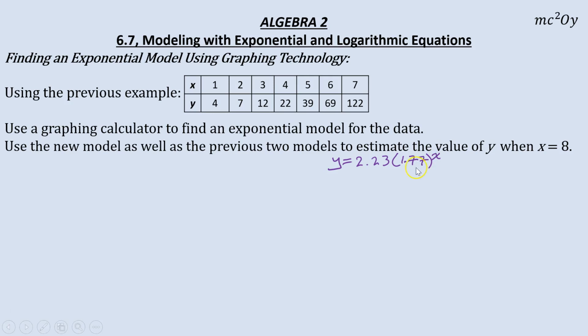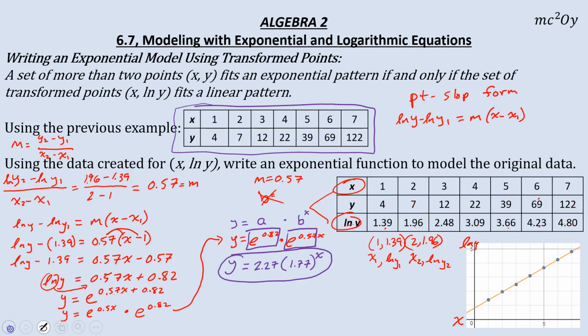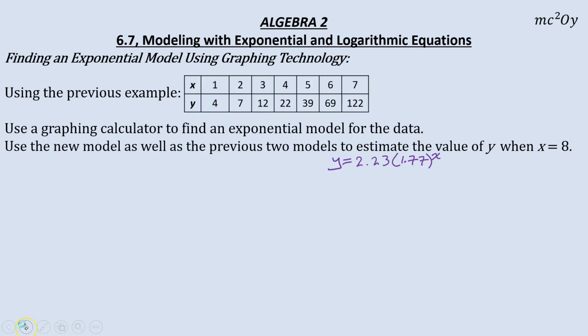That is our model with this. Now using that in our previous two models, let's get our previous two. So we had y equals 2.27 times 1.77.